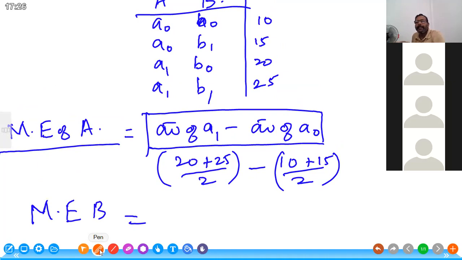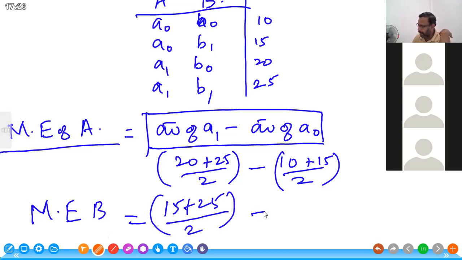If you tell, we will move on, otherwise we will get stuck here. Very quickly. Yes, 15 plus 25 divided by 2 minus 10 plus 20 divided by 2.